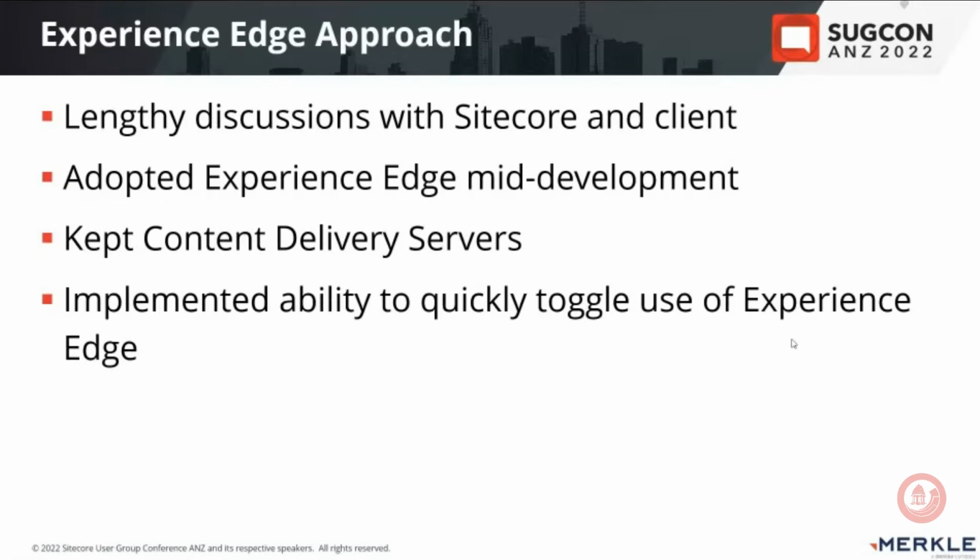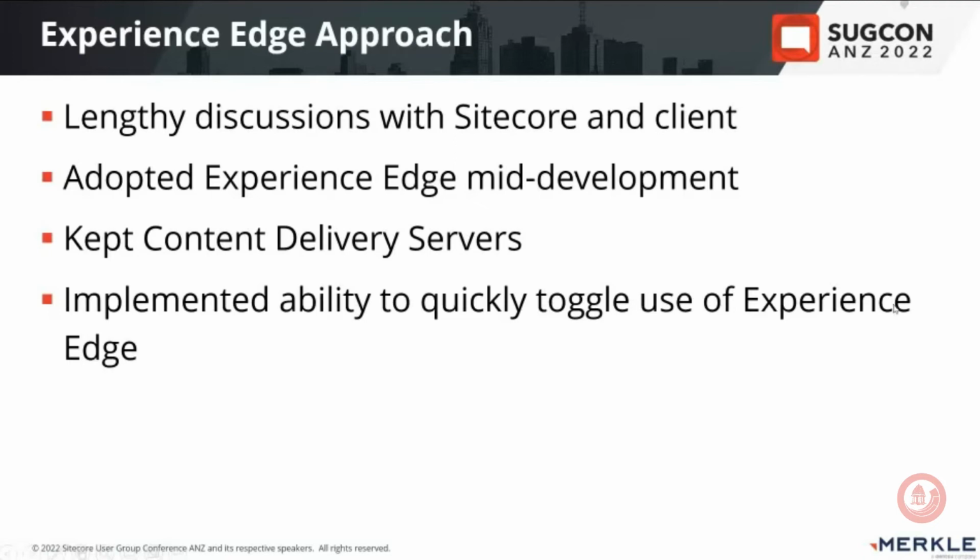To do that, on the front end we implemented the ability to quickly toggle whether we're using Experience Edge and getting content from there, or just getting content from our CD servers. We did that with an environment variable, and because we were using GraphQL, there really wasn't a whole lot of application code that needed to change.